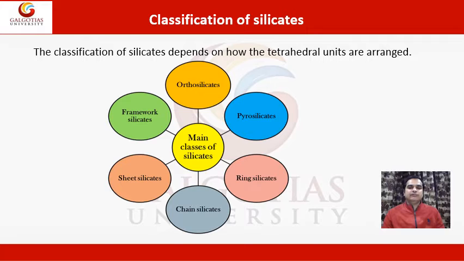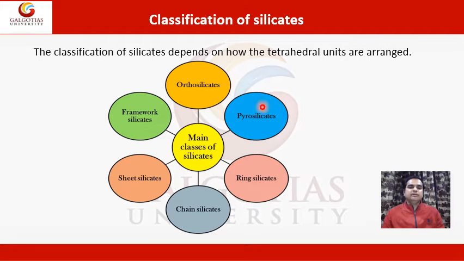On that basis, the main classes of silicates are orthosilicates, also known as nesosilicates, pyrosilicates, ring silicates, chain silicates, sheet silicates, and framework silicates. So these are the different classes into which we can categorize silicates on the basis of tetrahedral unit arrangement.